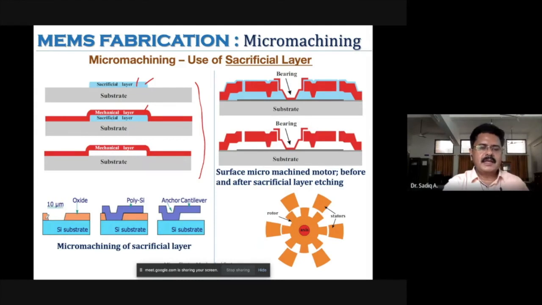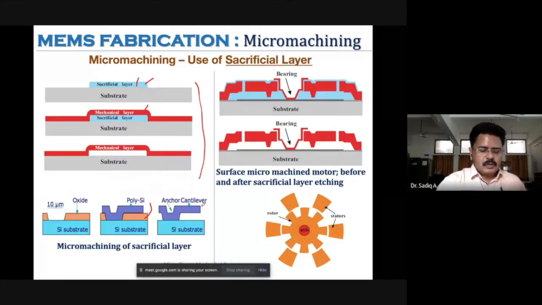So you arrive at this kind of cross section. Now on that surface, another layer is deposited like this. Again, using a chemical that is more reactive to the sacrificial layer, that layer will be removed. That etchant will be non-reactive to the final object, the actual objective that is required. So that cantilever will be retained here.